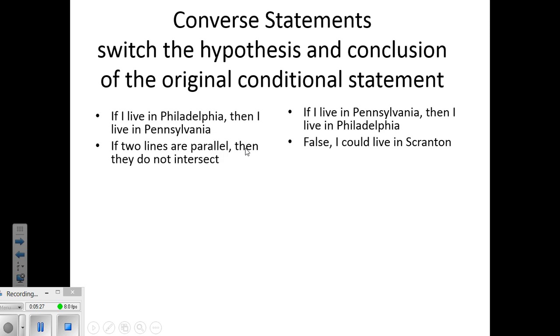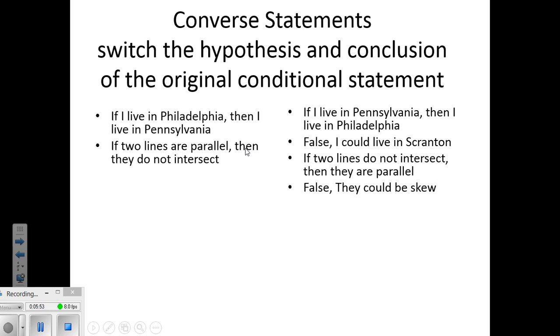Okay, another example: if two lines are parallel, then they do not intersect. Well, what would be the converse? Flipping the if and then would read, if two lines do not intersect, then they are parallel. Now, this is not true because they could also be skew.